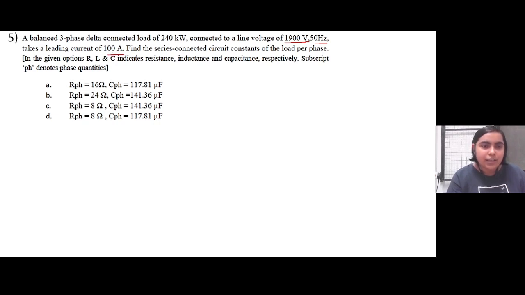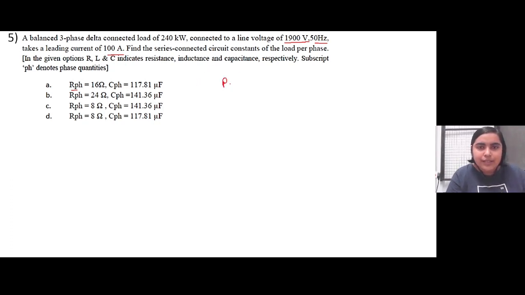Leading current means it is a capacitive circuit, right? Find the series connected circuit constants of the load per phase. R, L, C denote resistance, inductance, etc. PH denotes the phase quantity. So you have to calculate the resistance and the capacitance in each of these loads.